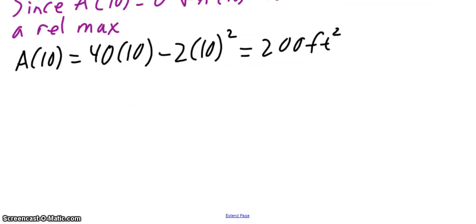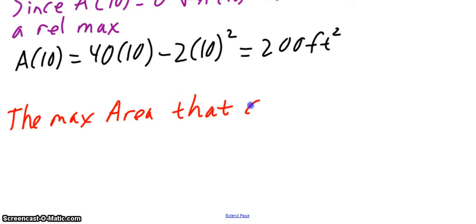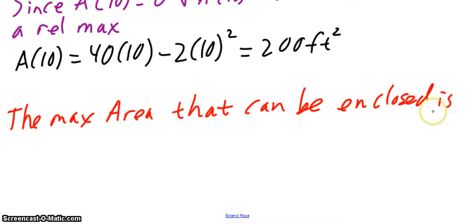So now, since this was a word problem, we want to answer the problem in the context of the problem. So the maximum area that can be enclosed is 200 square feet.